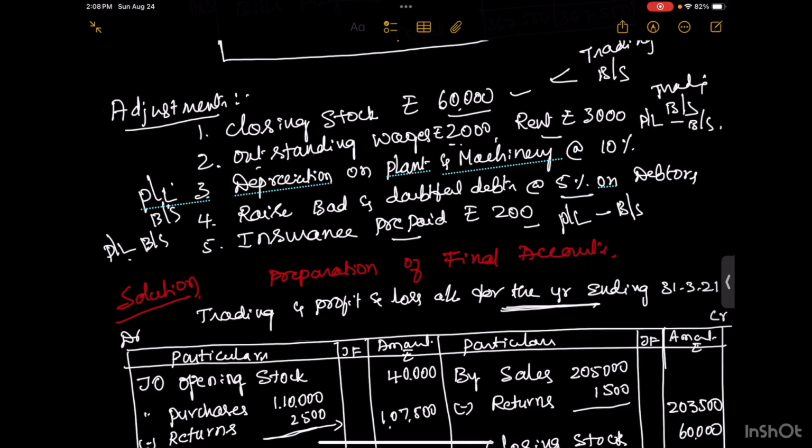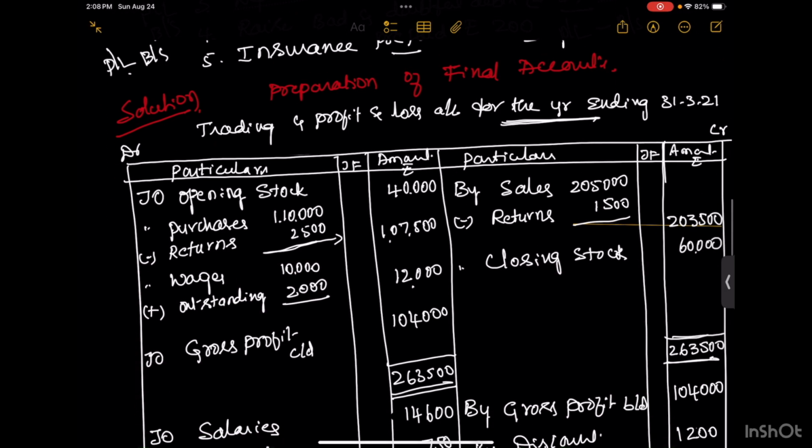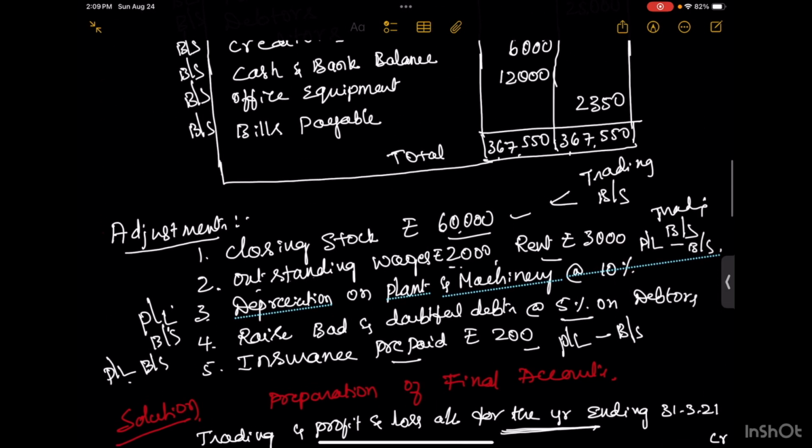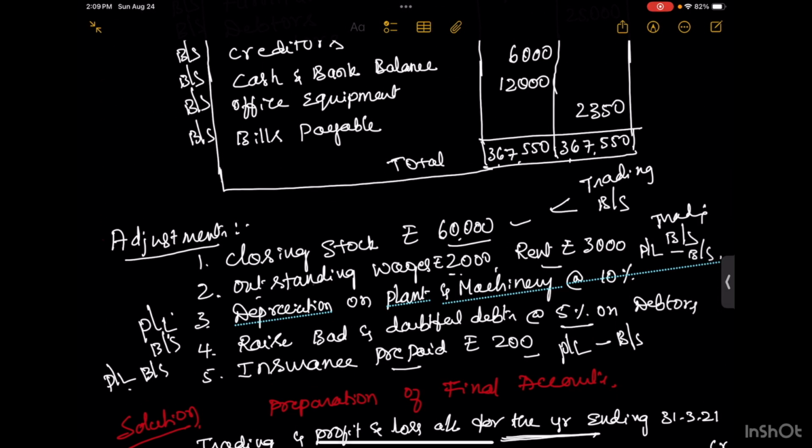You have not yet paid the 2,000, so it is an expenditure, it's a due, so you have to add it to wages 2,000, so the outer column is 12,000. Like that on the credit side, sales less returns 2,03,500.